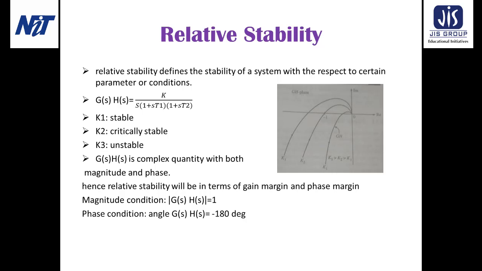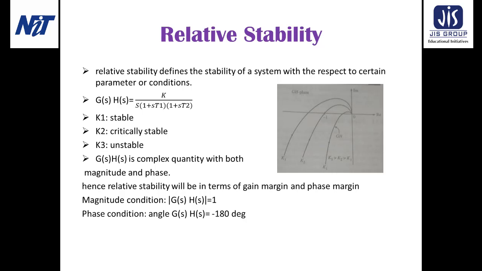So the relative stability of the system has to be discussed in terms of the gain and the phase, that is the gain margin and the phase margin. From this polar plot we can say for the value of K1 the system is stable, for K2 the system is marginally stable or critically stable, and for K3 the system becomes unstable. So we can define the relative stability in terms of the gain margin and the phase margin.